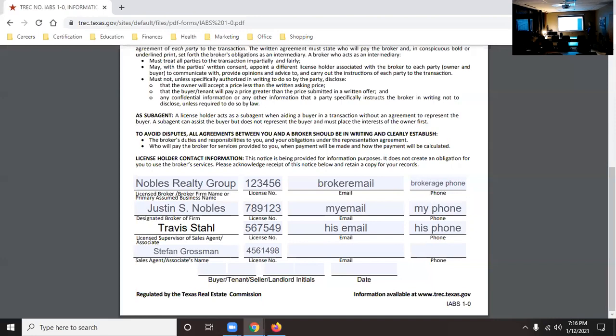Whatever date they put down here, on this point right here, whatever date's there, needs to match the buyer representation agreement or the seller's representation agreement. If this is, say, January 1st, 2021, then it's normally going to be valid for the same length of time as your buyer representation agreement. If your buyer representation agreement is not matching these dates, you need to get a new updated form.